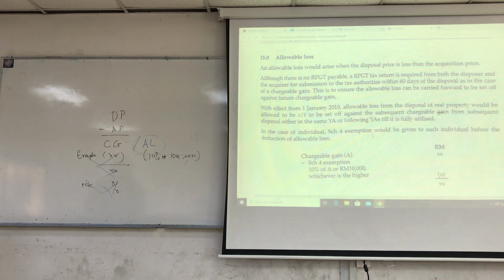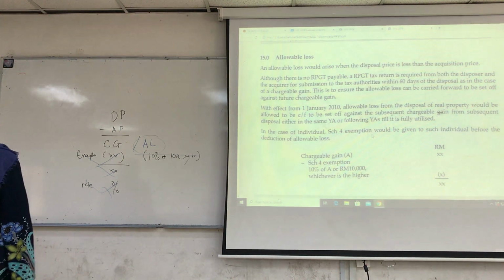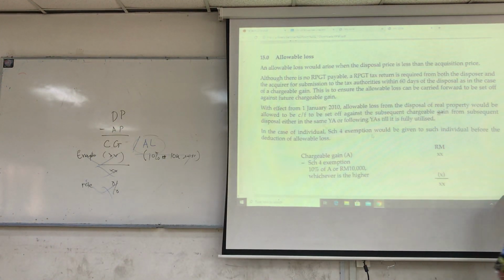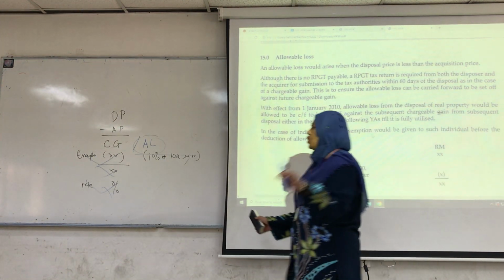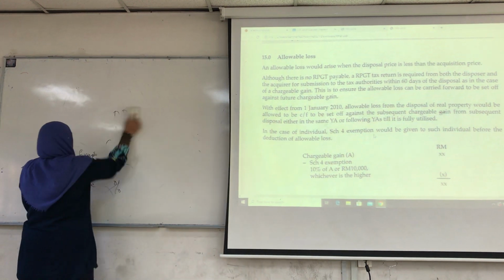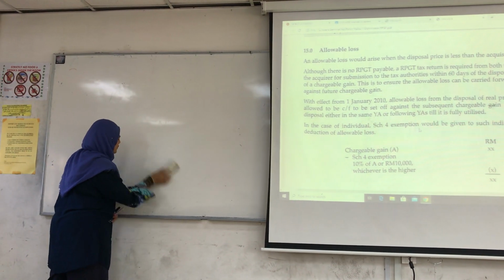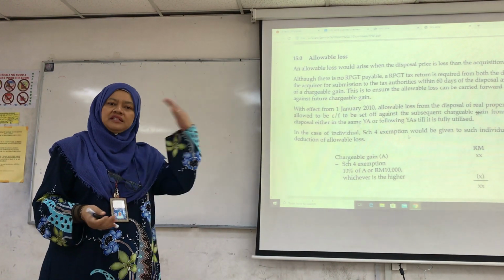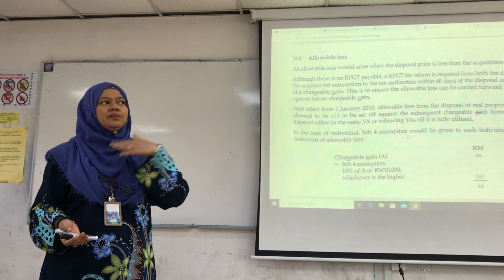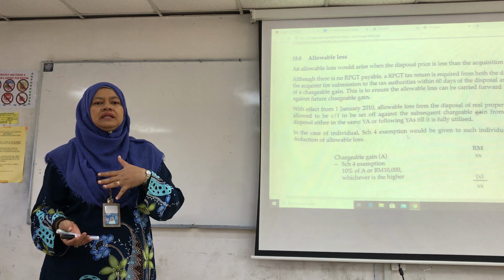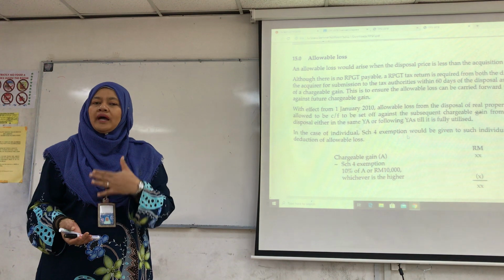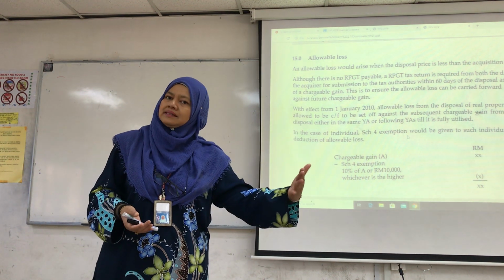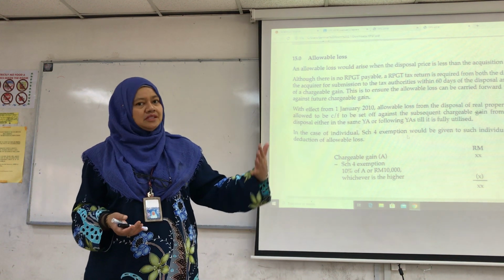Whenever you have an allowable loss, of course you don't have to pay any tax in the current year, but you can carry the loss forward to the following disposal. The following disposal could be in the same year of assessment, or in a different year of assessment. For example, I dispose of a property in January and have an allowable loss. Then in the same year, in August, I dispose of another property with a chargeable gain.